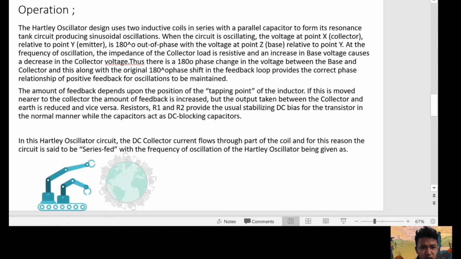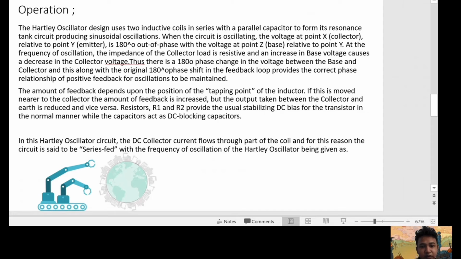An increase in base voltage causes a decrease in collector voltage. Thus, there is a 180 degree phase change in the voltage between the base and collector, and this, along with the original 180 degree phase shift in the feedback loop, provides the correct phase relationship of the positive feedback for oscillation to be maintained.